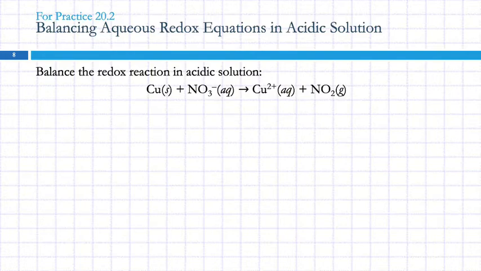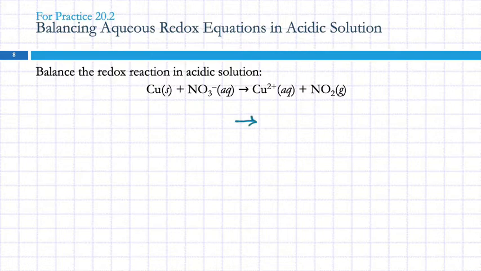Let's do another one. Copper and nitrate. This is the redox reaction that occurred when we dissolved that copper wire in nitric acid. The NO2 gas here, that's that brown smoke that we saw coming off. So let's break this into half reactions.